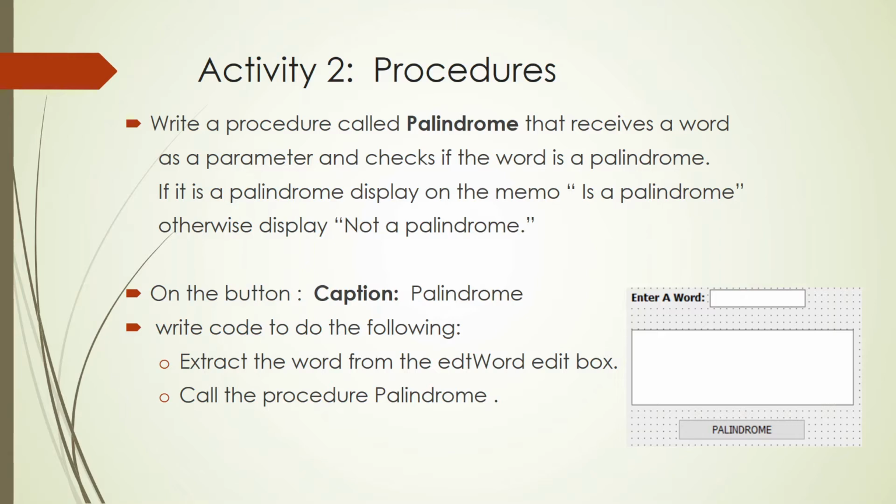You are going to write a user-defined procedure in the private section of your form. Remember 3 things to do: declare your procedure, define your procedure via coding, and lastly, on your button palindrome, call your procedure.